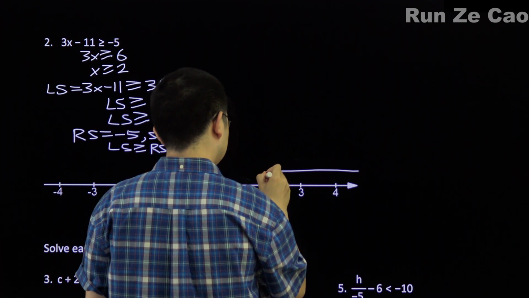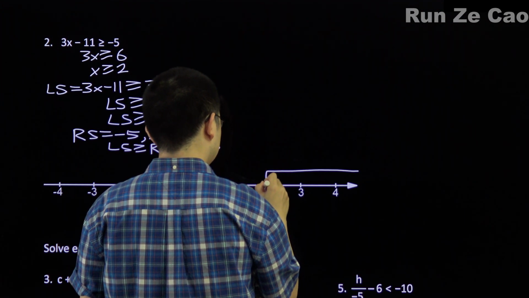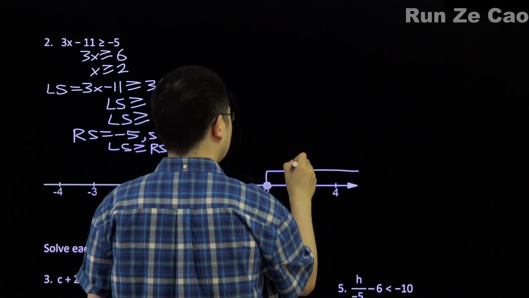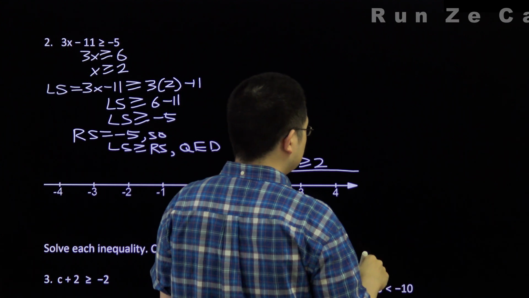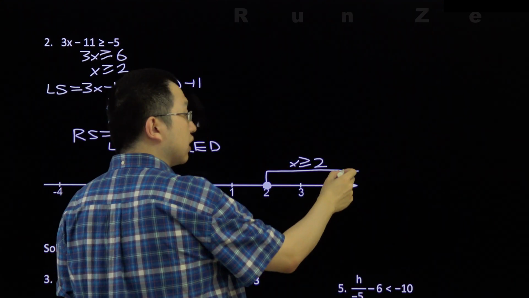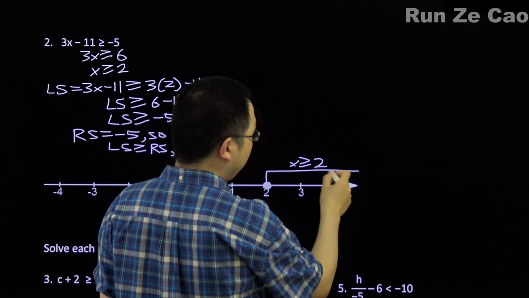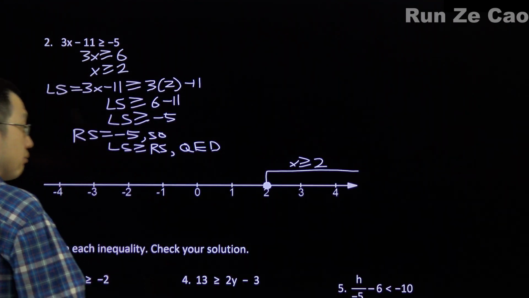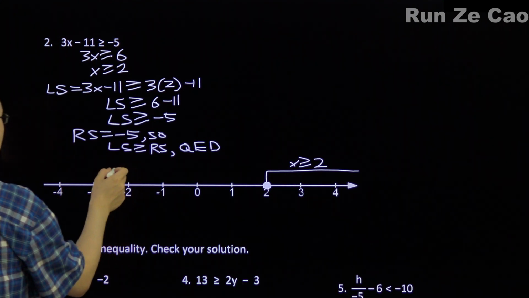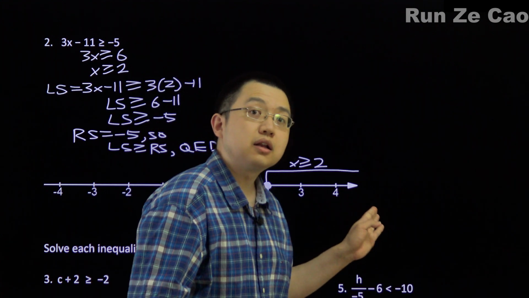So that's this. X is greater than or equal to 2. Yeah, if you're using the don't bother with arrows version of your inequalities, make sure that you go a little bit past the end of your number line, okay?